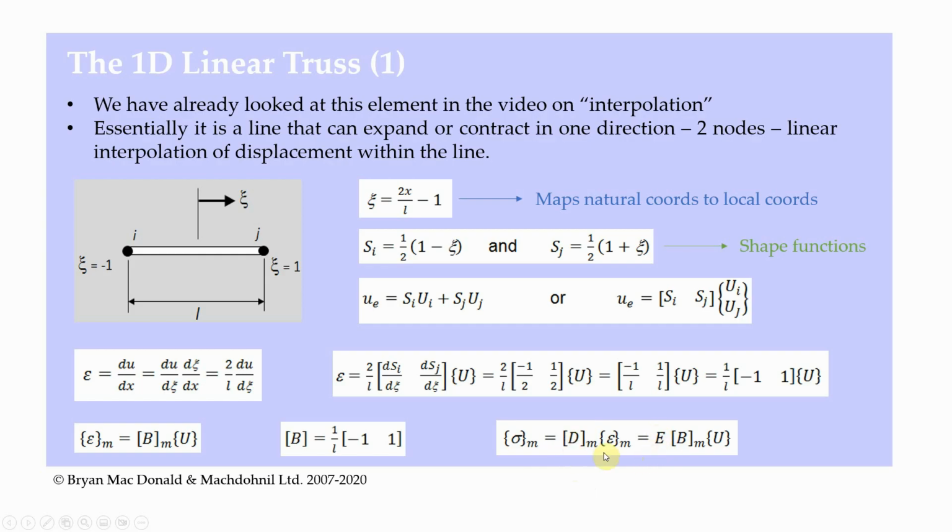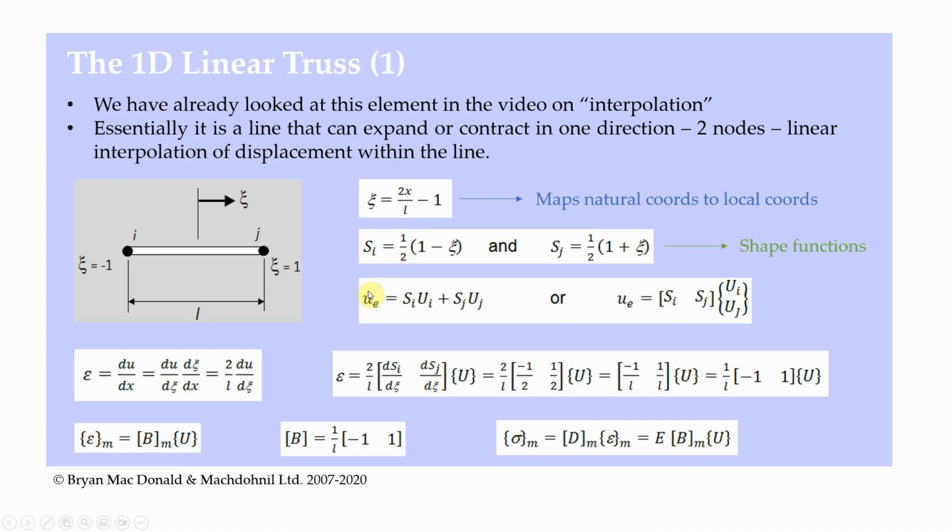So we can replace D with E, and we can replace strain with B times U, as we have done back here. So now we have an equation here for strain, which is B times U, and here for stress, which is E times B times U. Okay, so the important thing from this screen is we've got an expression for stress, an expression for strain, and an expression for displacement.